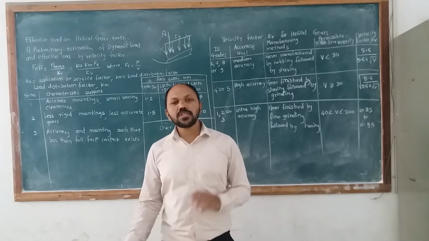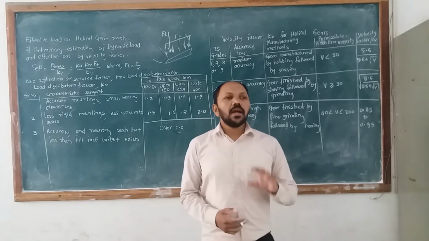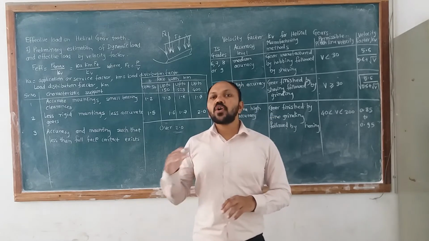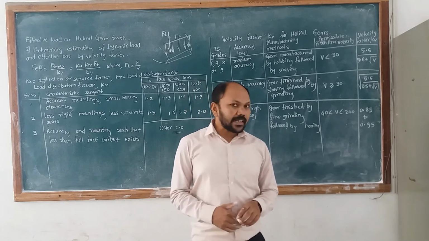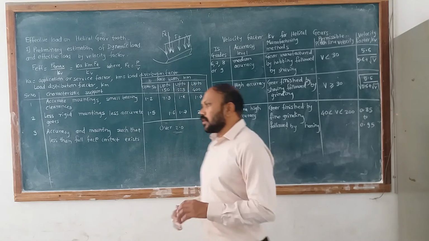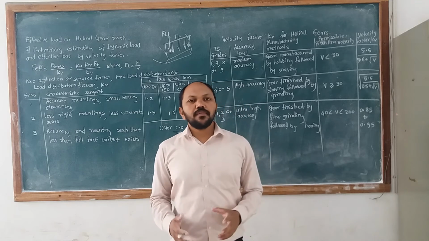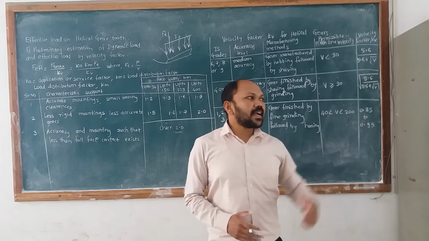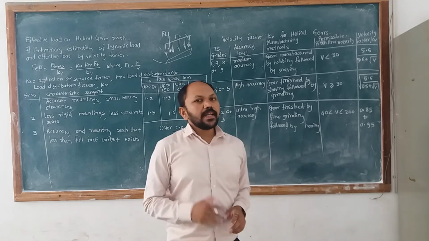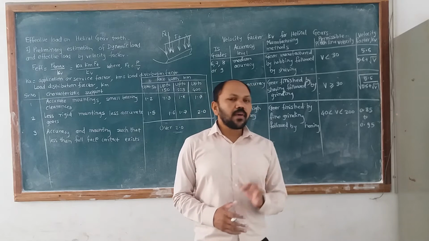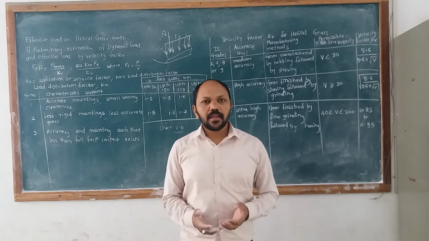Depending on applications, we choose these values. As accuracy increases, cost of gear also increases. So depending on situation, you choose the values. If the application is like satellite application, accuracy required is very high.